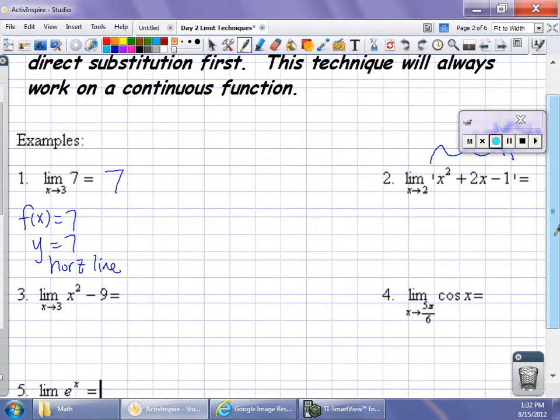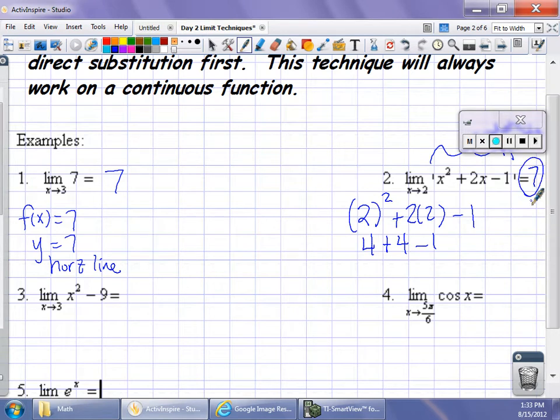So to find the limit, I'm going to use direct substitution. I would have 2 squared plus 2 times 2 minus 1. So 2 squared is 4, plus 4, minus 1. So if we had a graph, we'd be approaching a y value of 7 as we get closer to an x value of 2.